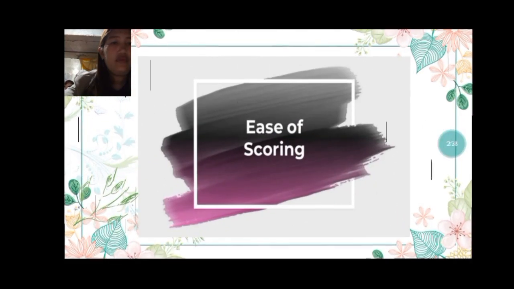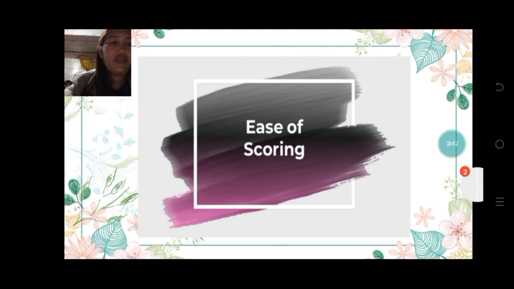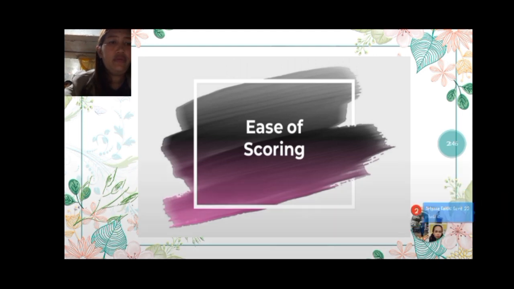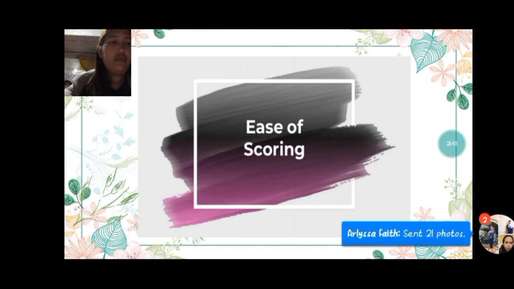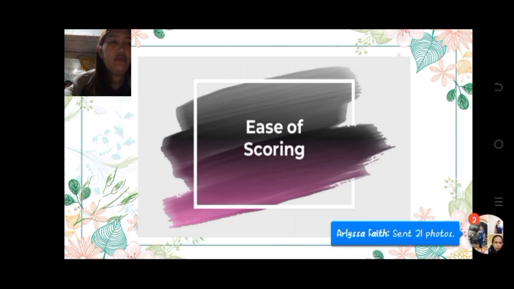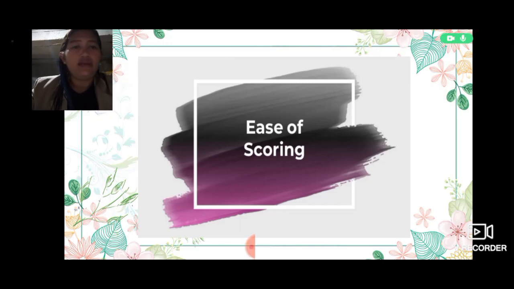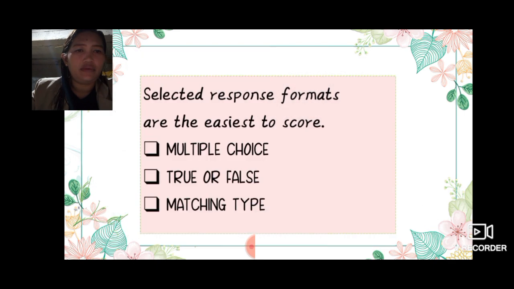Okay, the ease of scoring. So let's move on to the ease of scoring. These selected response formats are the easiest to score: the multiple choice, the true or false, and the matching type.